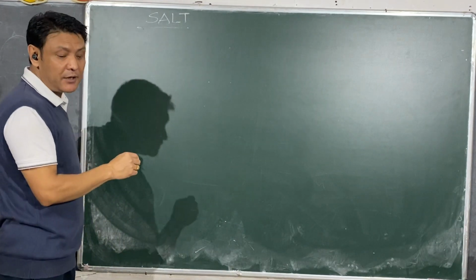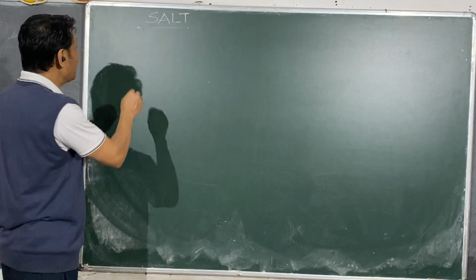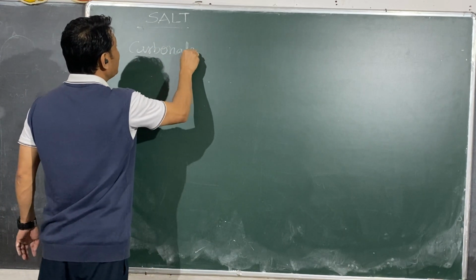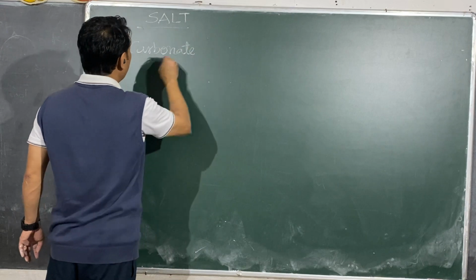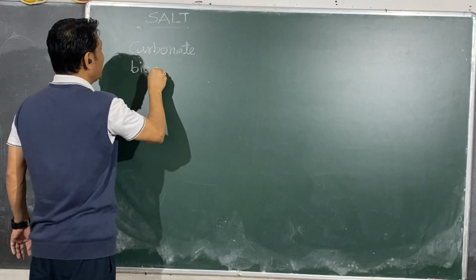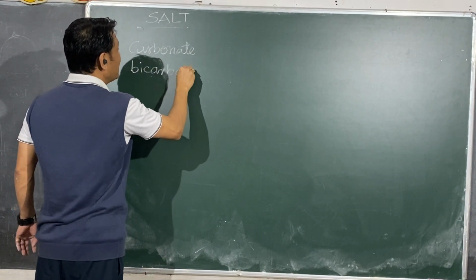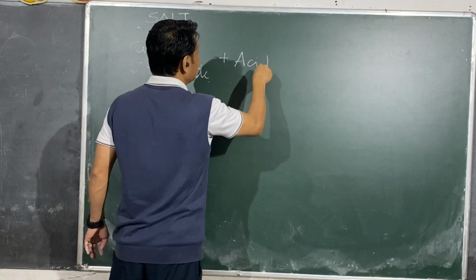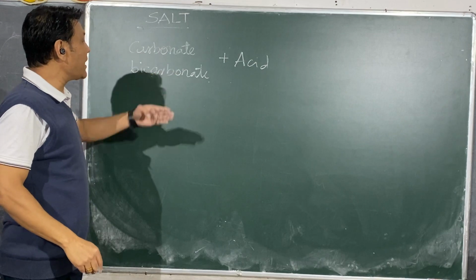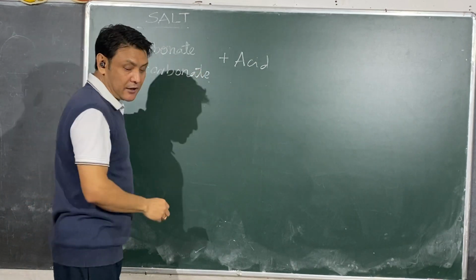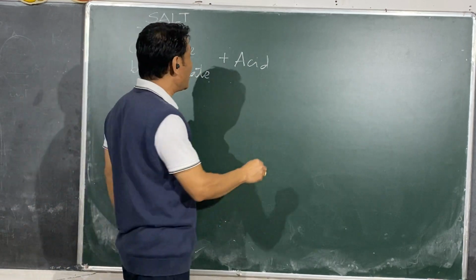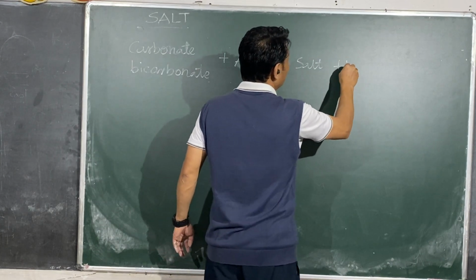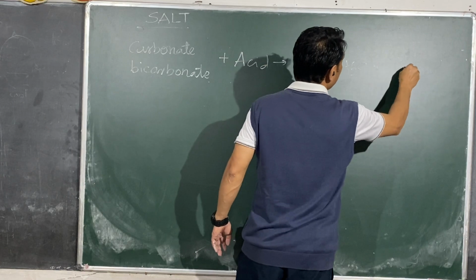A carbonate or bicarbonate plus an acid will always form salt, water and carbon dioxide.